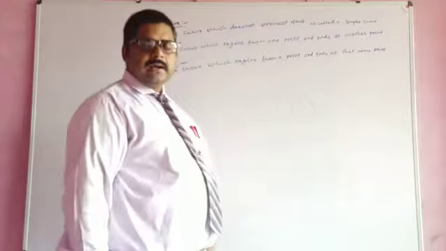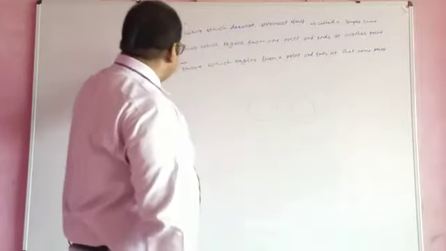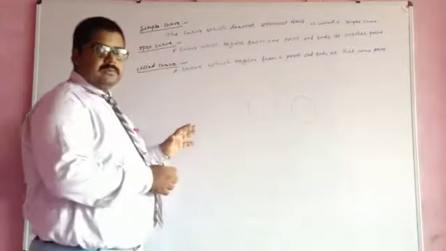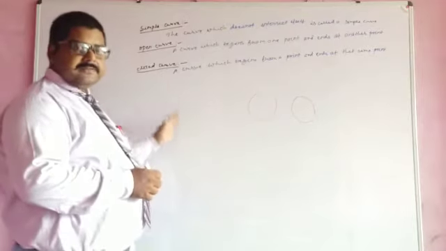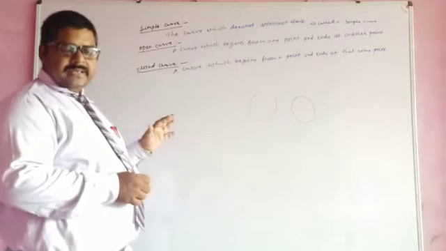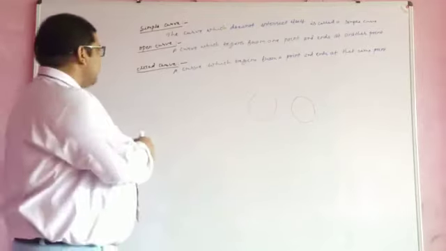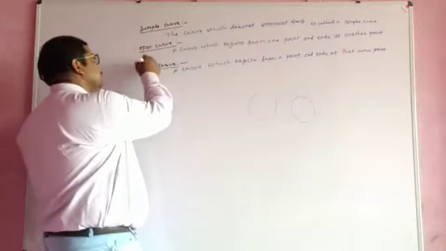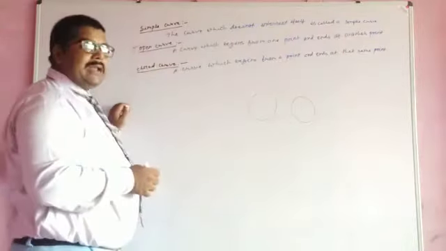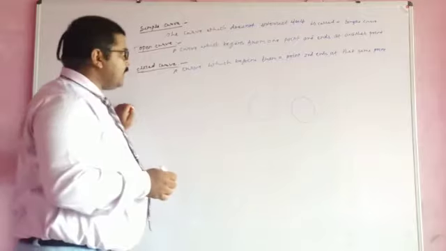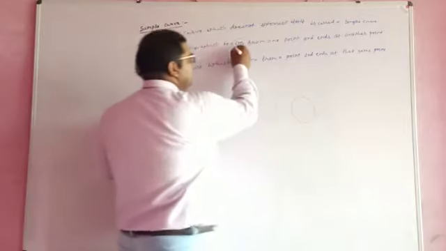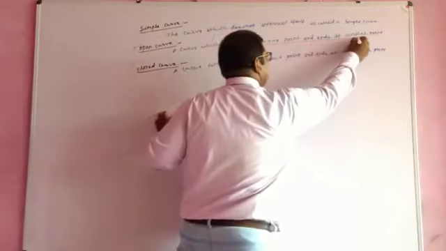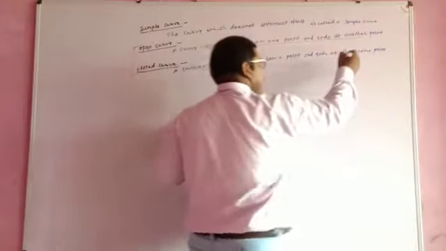Two types of figures are regarding open and closed curves, and simple curves. Three definitions I am going to mention. First I am going to discuss these two: open curve and closed curve. Open curve: such a curve which begins from one point and ends at another point.